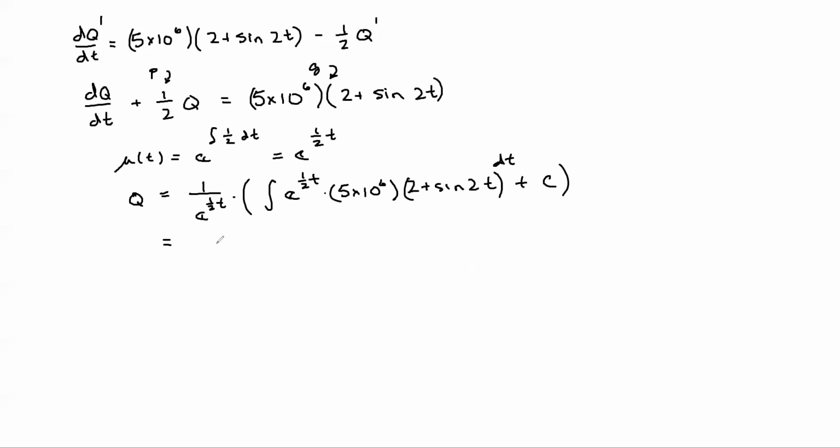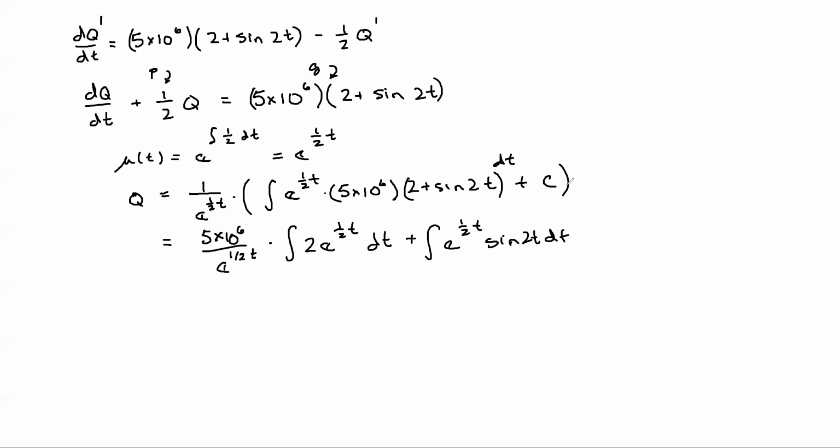And we could pull it out and combine it with this, right? So we're going to have 5 times 10 to the 6 over e to the 1/2 t out front. And then we're going to have the integral. And the other thing you can do is take this and distribute it. So we'd have 2e to the 1/2 t dt plus, let's create a second integral here, e to the 1/2 t sine 2t dt.